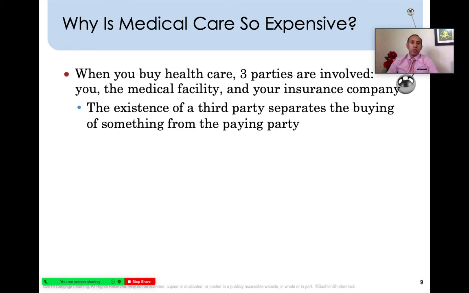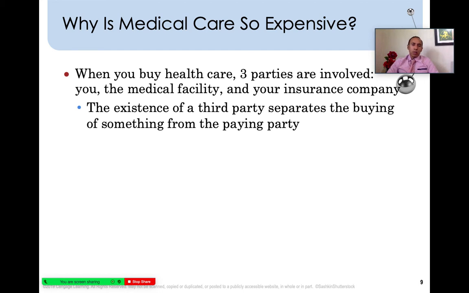So the existence of a third party separates the direct relationship that you may have with the medical care. You may pay directly if you don't have medical insurance, but if you have medical insurance, then the insurance pays for your medical care.